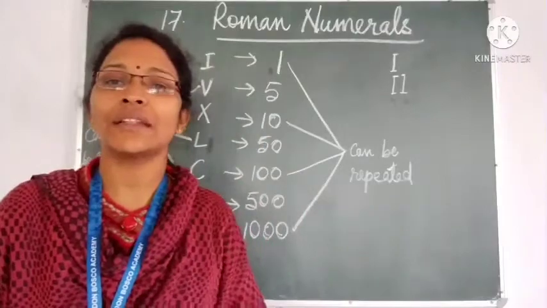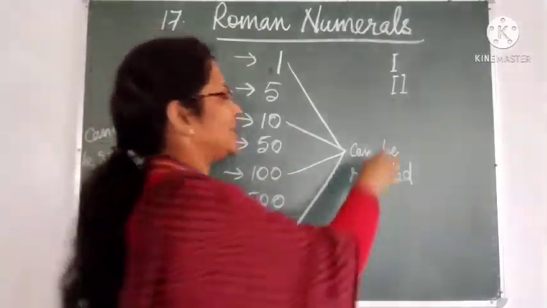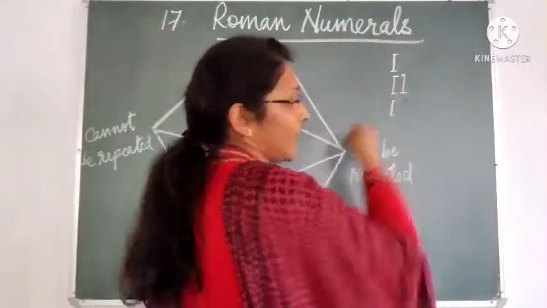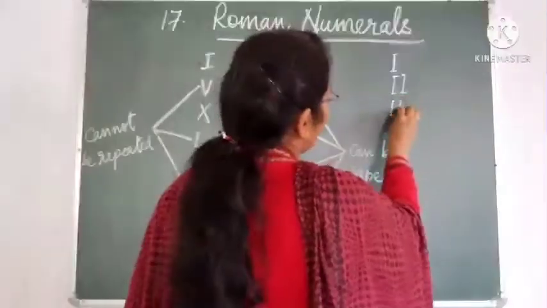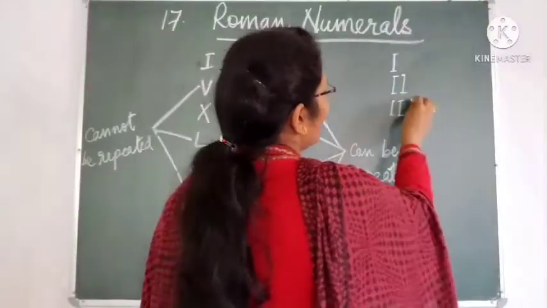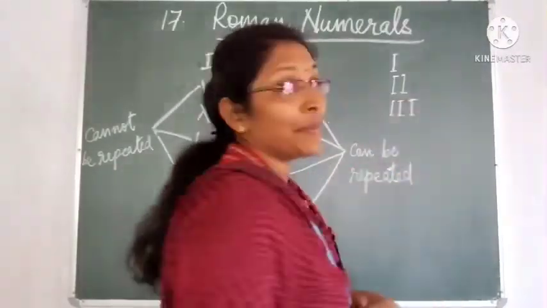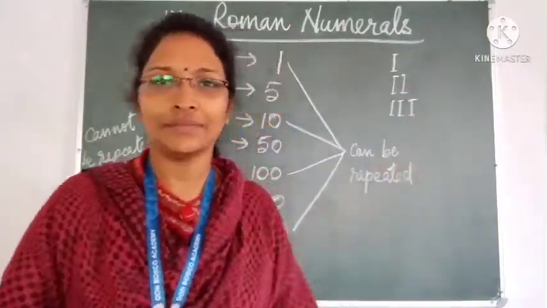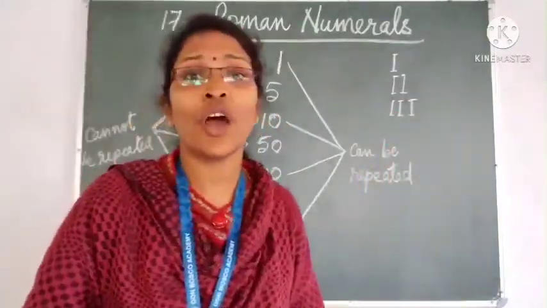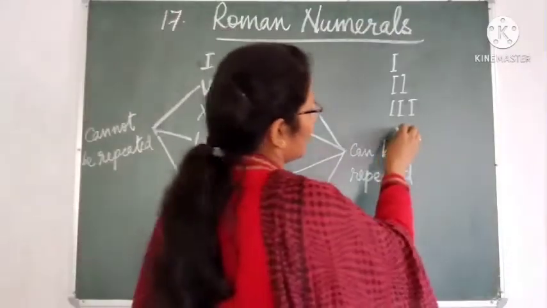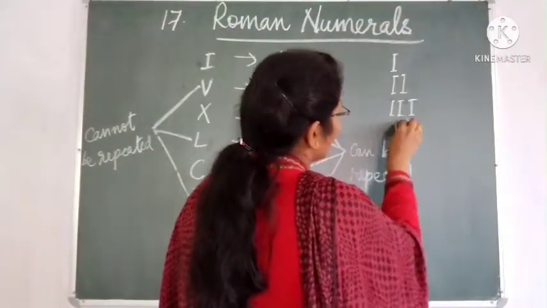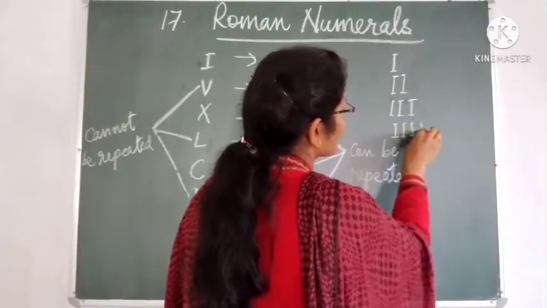Now how will we write the number 3? For that, I for 1, plus 1, plus 1. It became number 3. Now next, 4, how will you write? For writing 4, shall we write 1 four times?